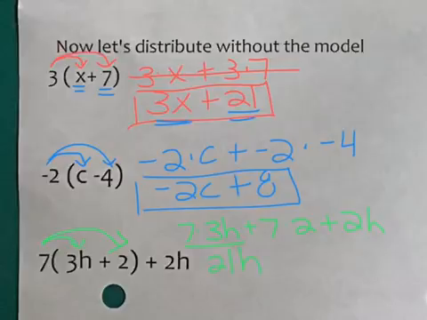You multiply the 7 by the coefficient 3 and you keep your variable. 7 times 2 is 14 and you keep your 2h. Well, 2h plus 21h is 23h plus 14. So that is the same equivalent expression, just in simplest terms, because you have combined all of the like terms.